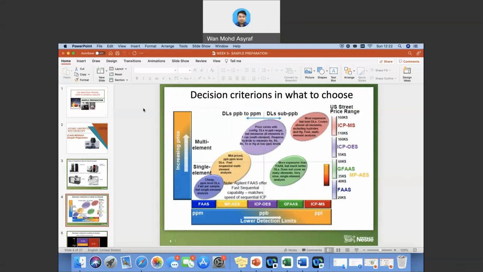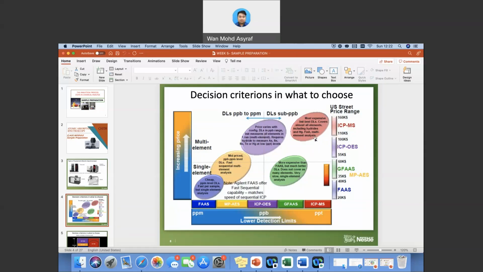We are going back to these figures. As I mentioned, this is a very important figure in terms of how you choose the instrument based on your needs. For example, at the highest end, ICP-MS is the most expensive but has the best detection, down to the part per billion level. It covers almost all elements, including hydrides and Hg, and it is a fast multi-element analysis.